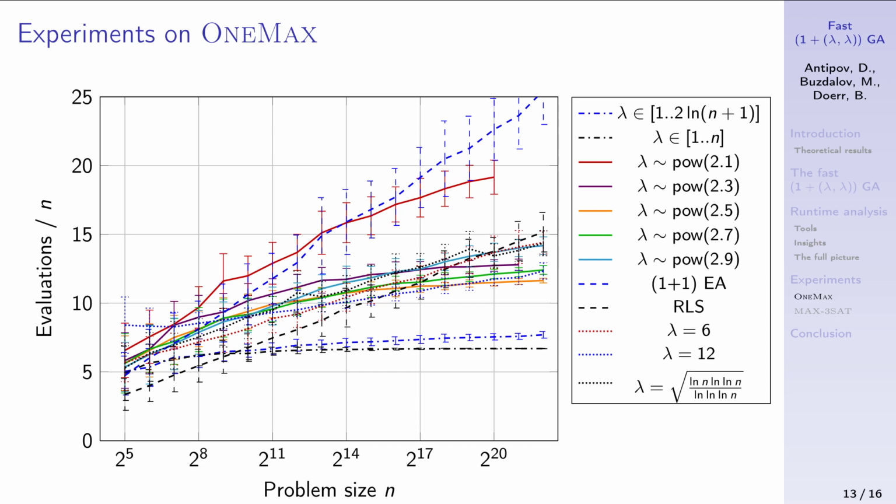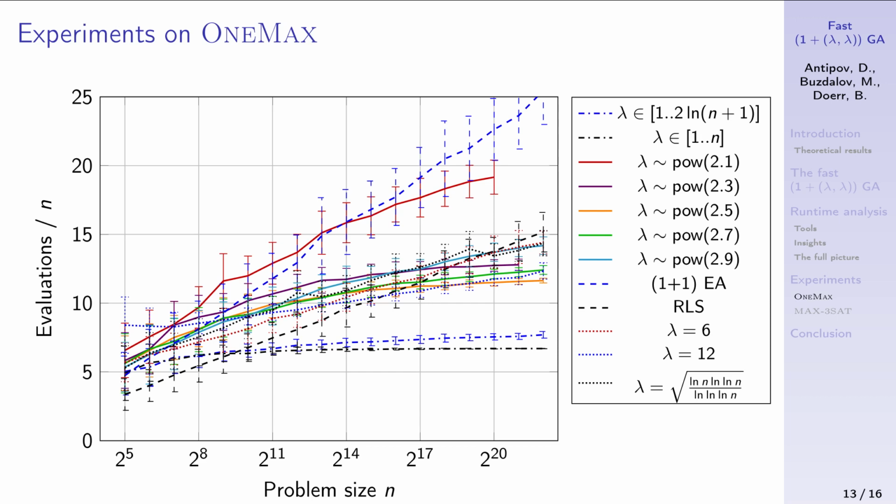In the plots shown in the slide, you can see that the y-axis shows the ratio of the number of fitness evaluations to the problem size, and the x-axis has the problem size in a logarithmic scale. In this plot, the horizontal line means that the runtime is linear, and any ascending line means that the runtime is superlinear.